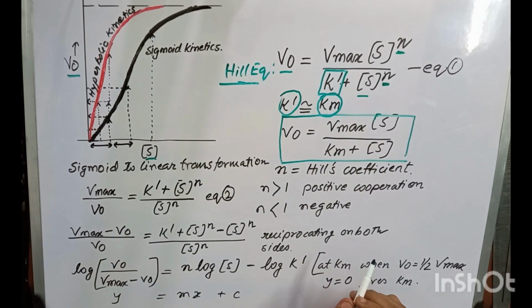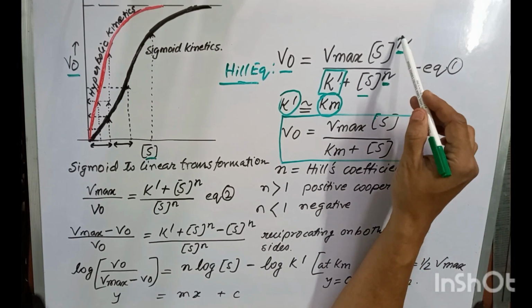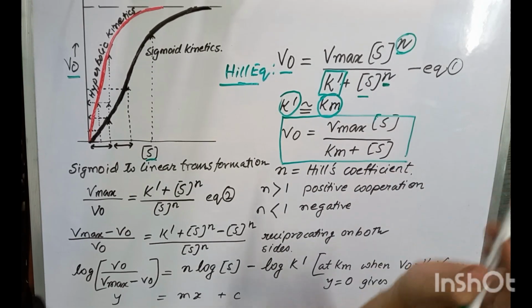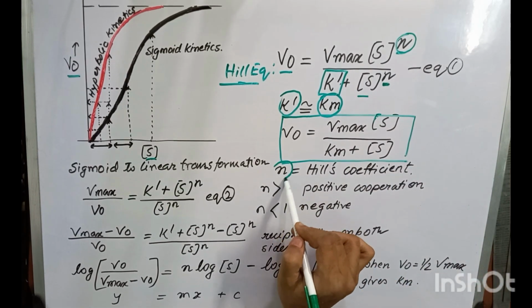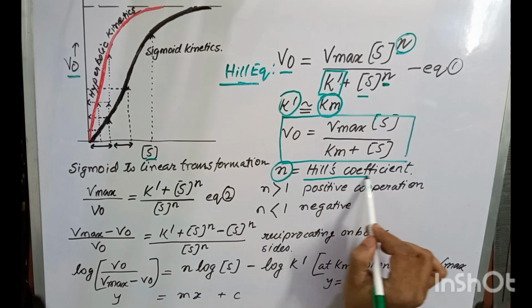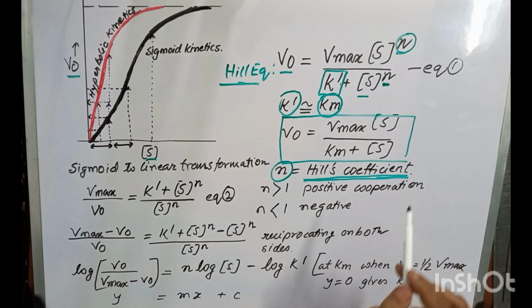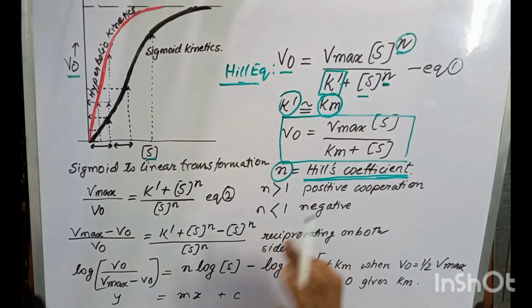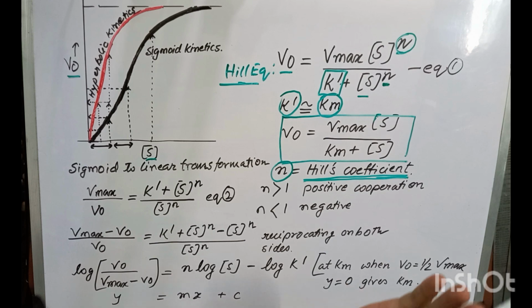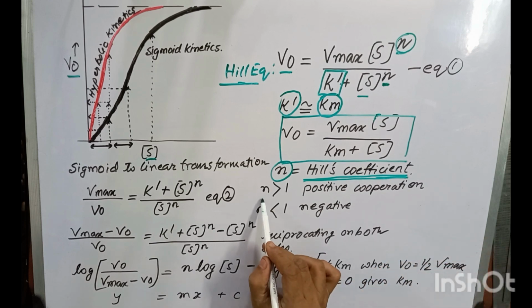Now it's a little bit different, and we have a new thing, this n. So what is this n? This n is called the Hill's coefficient. What is Hill's coefficient? Whenever there is a positive cooperativity or increase in the enzymatic activity, the n will be greater than 1.